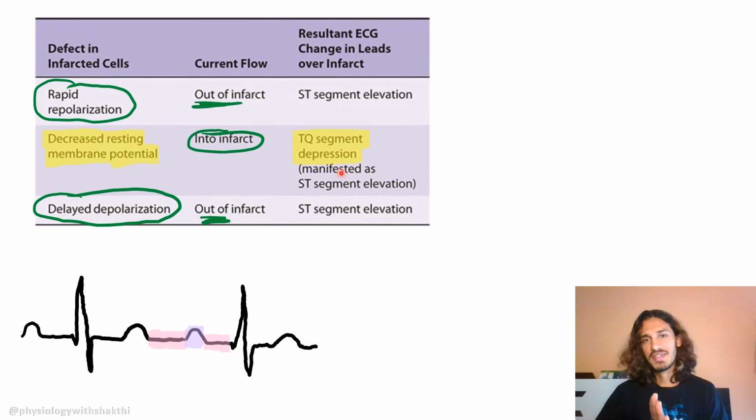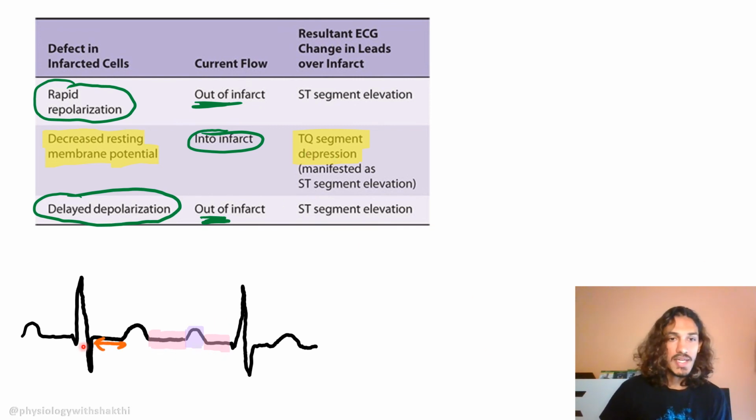Generally we say a segment does not involve a wave, but over here this is how the TQ segment is given. The P wave, the PQ segment and the TP segment all together form the TQ segment, and this is your ST segment. So if this part is lower, when you look at it, it seems like this part has gone up.